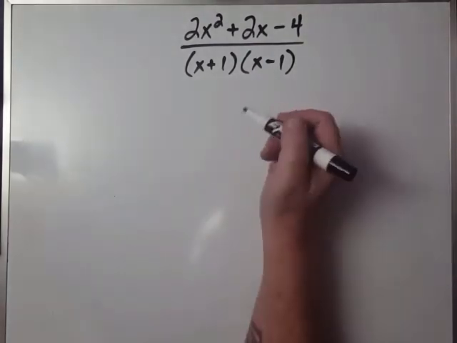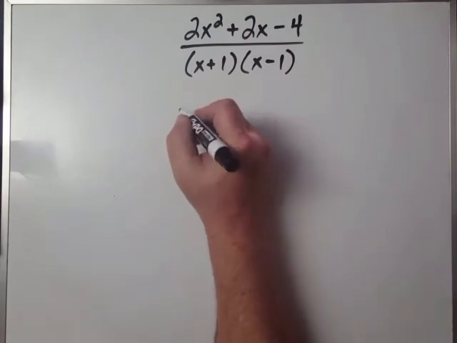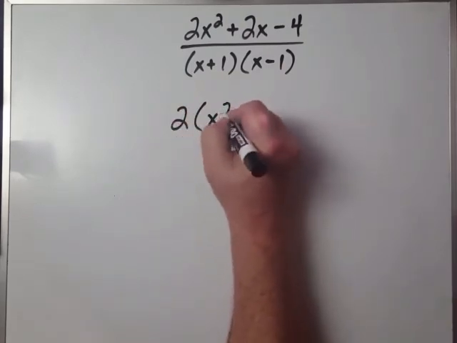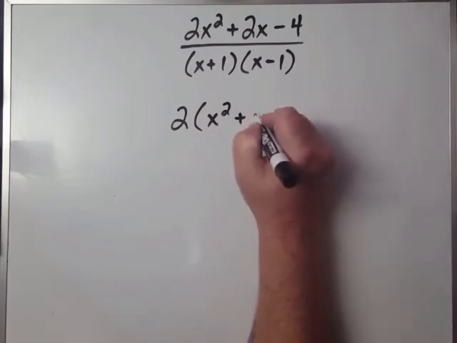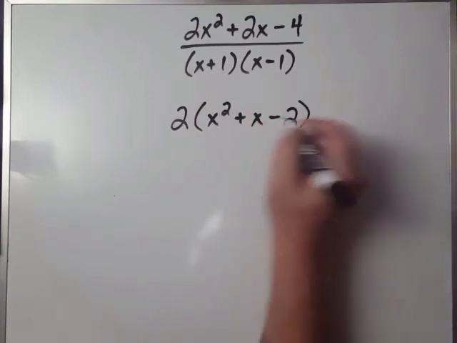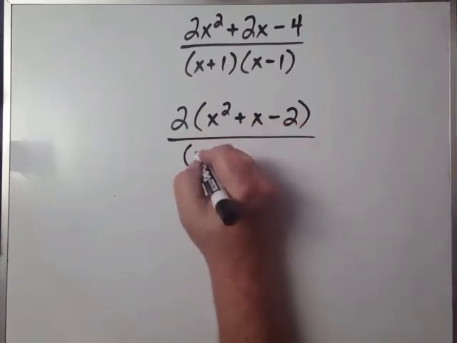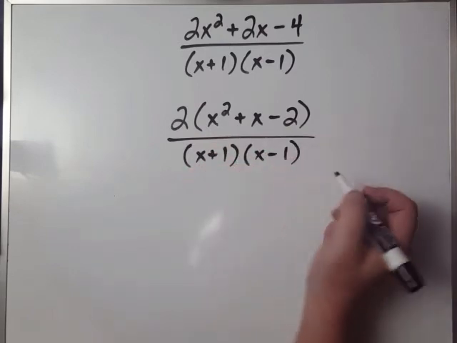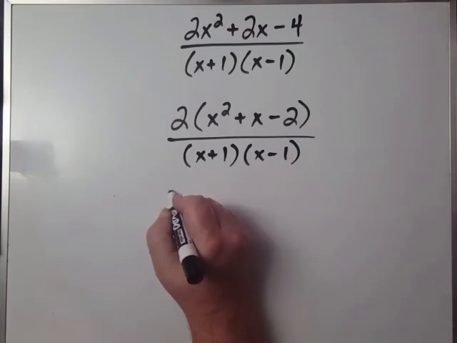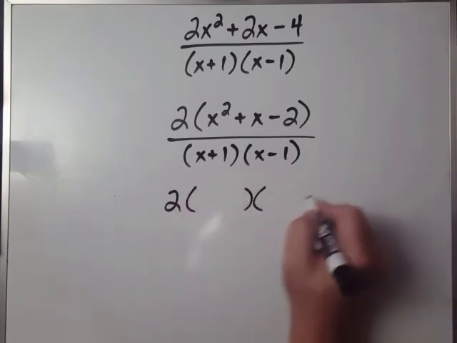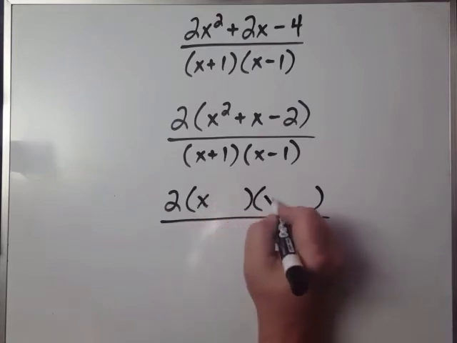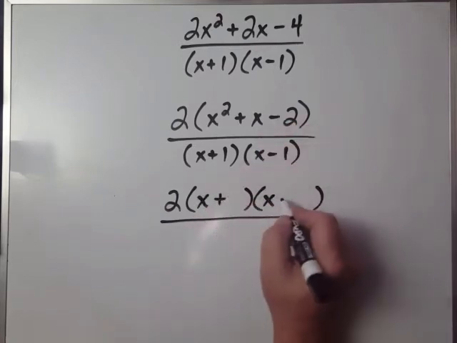Well, let's see. I certainly can factor out a 2 in this numerator. Can that be factored any further? Well, if that trinomial will factor further, it will factor as a pair of binomials, each starting with x. Signs are opposite.